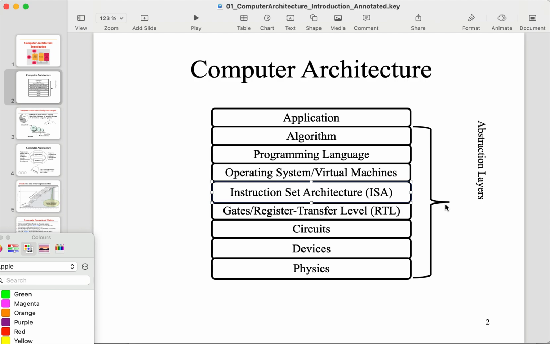We are crossing the line between hardware and software. Up until this spike right here, physics, devices, circuits, gates are all hardware. Once we go up the spike into our layers, instruction set architecture is already software. Operating system is also software, and so are the virtual machines.